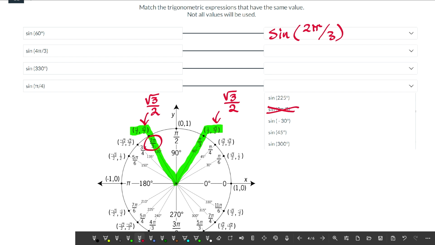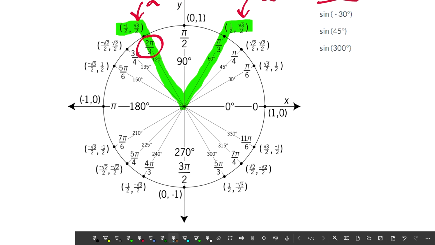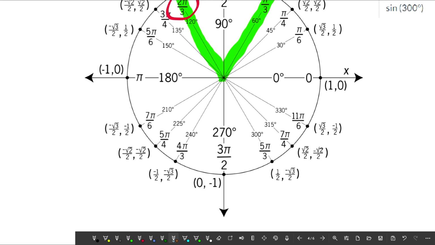Okay. Next one we'll talk about is sine of negative 30. Remember that negative rotation means you're rotating clockwise. So to talk about sine of negative 30 degrees, you would just rotate on your unit circle. I'll zoom in here. Here's our unit circle. 30 degrees would be rotating this much, right? That's 30 degrees. But if you rotate clockwise, that's called negative 30 degrees.